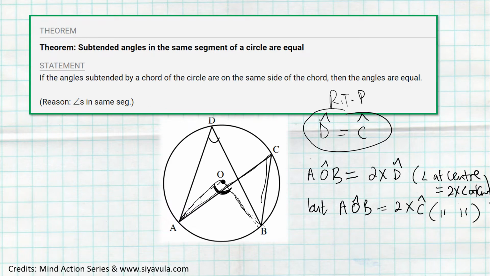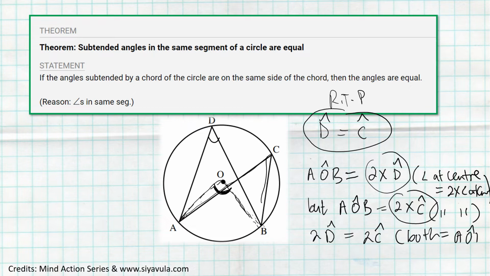Now we can equate these two things, because they are both equal to angle AOB, meaning that 2 angle D is equal to 2 angle C, because both of them are equal to angle AOB.